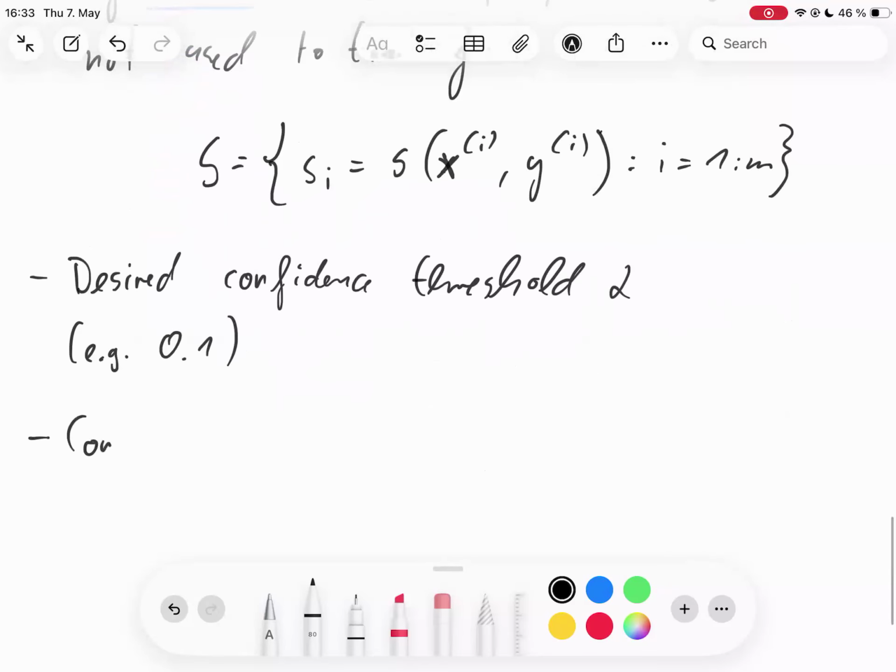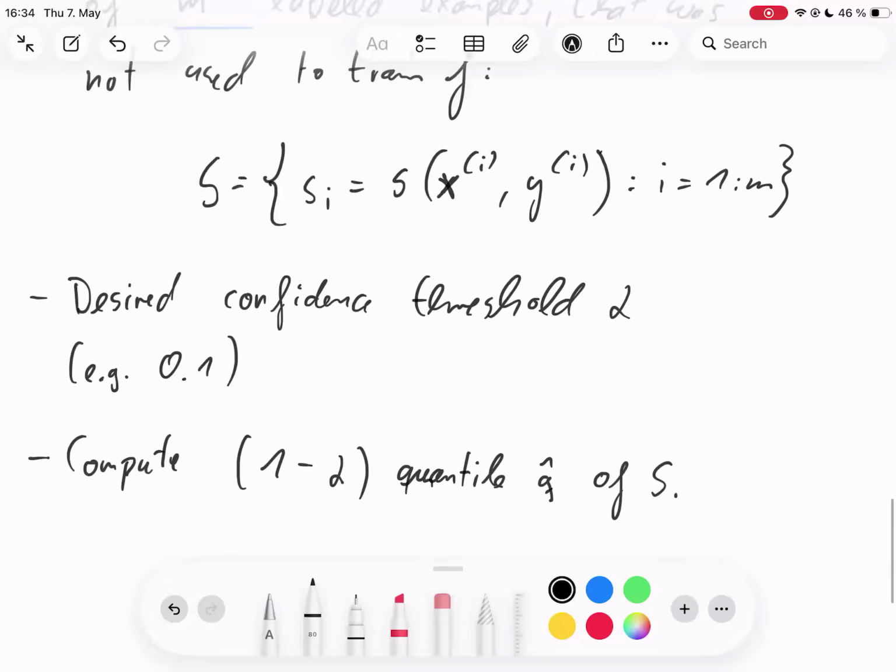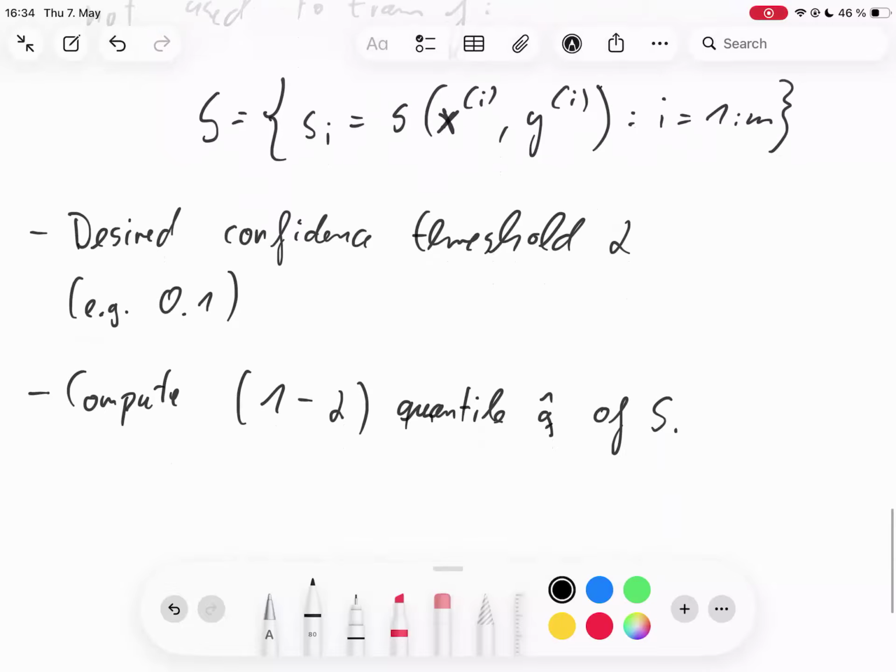Then we would compute the 1 minus alpha quantile Q hat of S. Remember, S was this calibration set, and if alpha is 0.1, we would calculate the 90% quantile Q hat of our S.